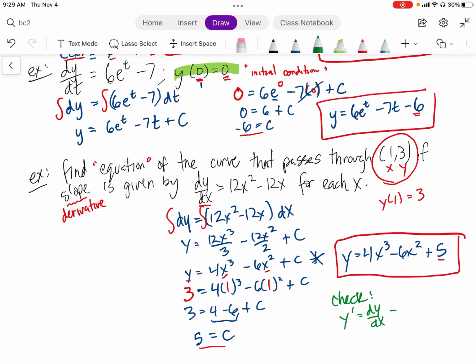If I do the derivative, I get 12x squared minus 12x, and the derivative of 5 is 0. Okay, works out. I know that the point (1, 3) checked out to get the equation, and I know that the derivative of my final answer is the given value, right? The question. Good to go.